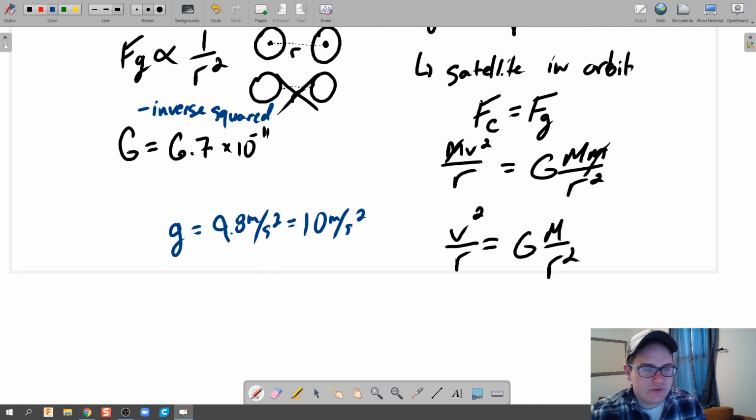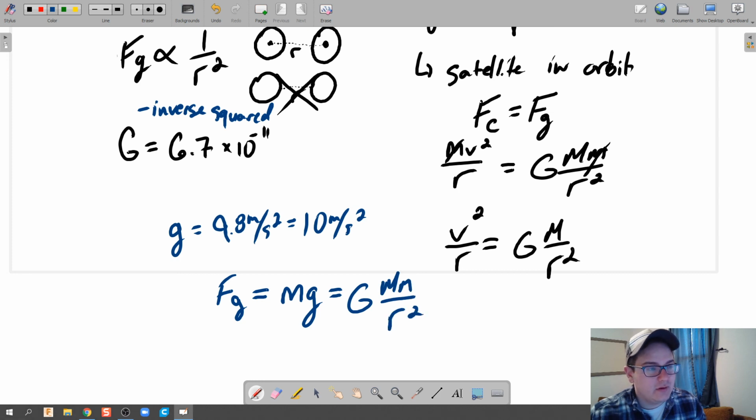If we look at the force due to gravity, which we've covered earlier as mass times gravity, and we now also have that as G(m)m over r squared, we notice something interesting. If we cancel out the masses here, we get a formula for the gravity of any planetary body.